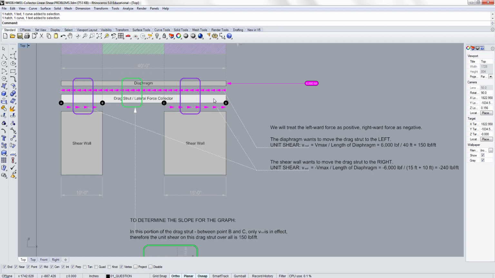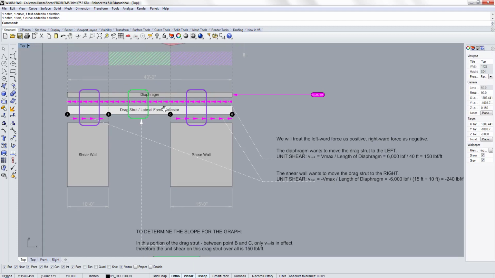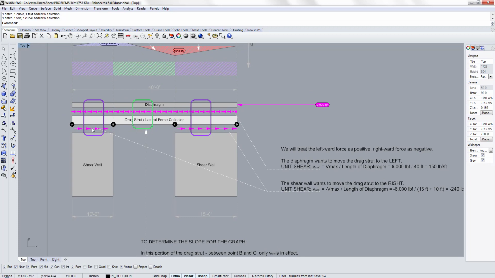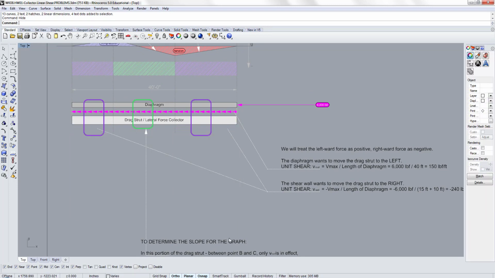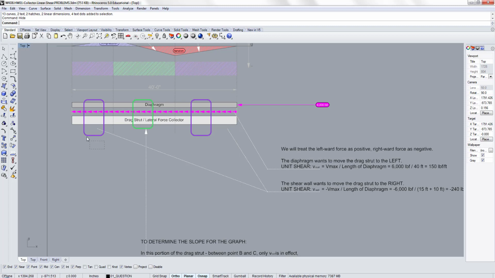Anyway, first of all, we are just going to look at what's going on between the lateral force, the diaphragm and the drag struts. That's the only thing that matters now. If you look at those two only, the diaphragm and drag strut are connected at every location along this entire length, right?